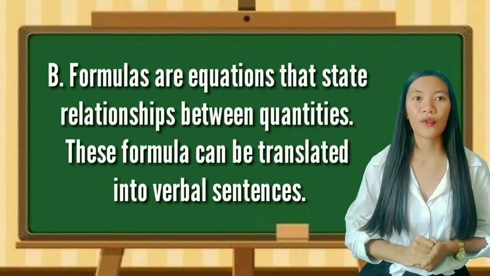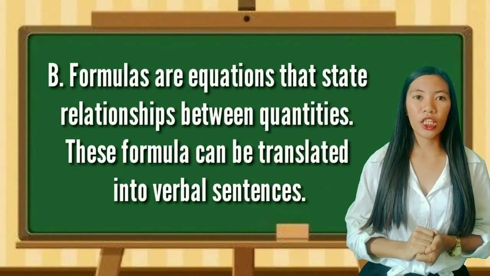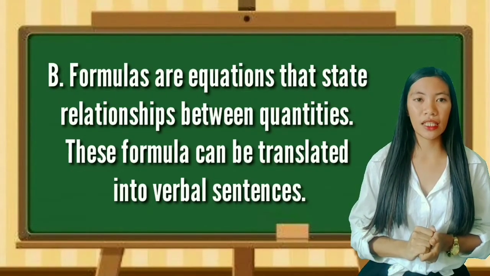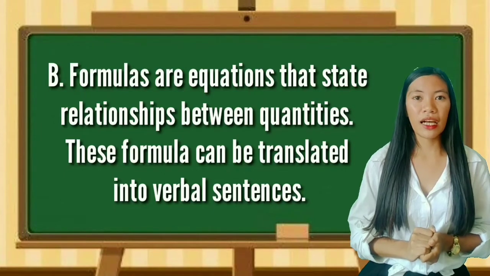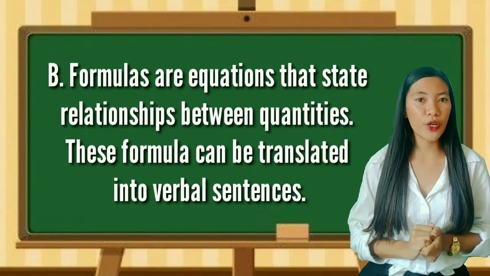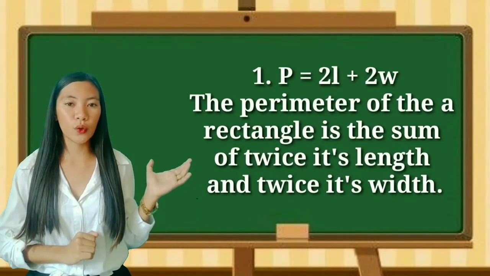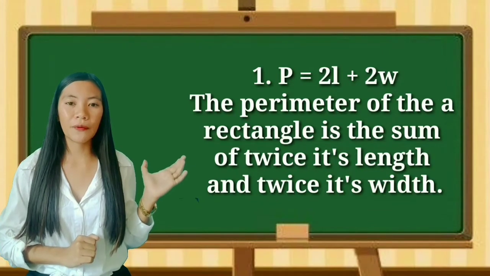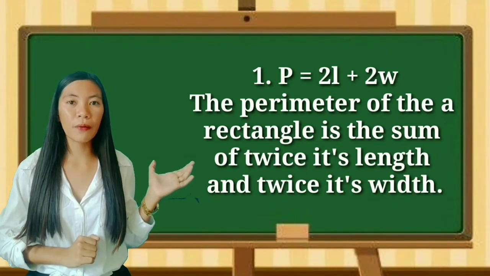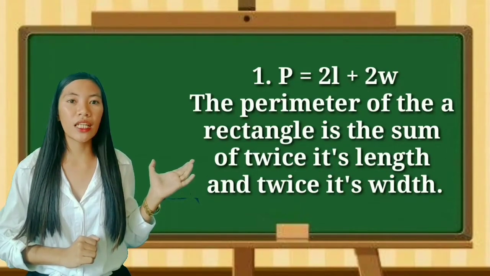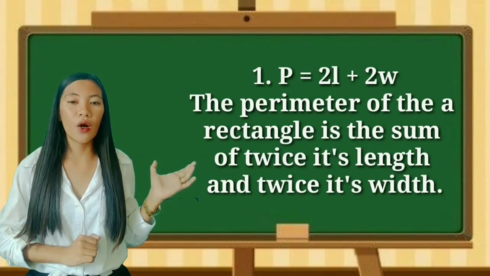Letter B. Formulas are equations that state relationships between quantities. These formulas can be translated into verbal sentences. First, P equals 2L plus 2W. It can be translated into: the perimeter of a rectangle is the sum of twice its length and twice its width.